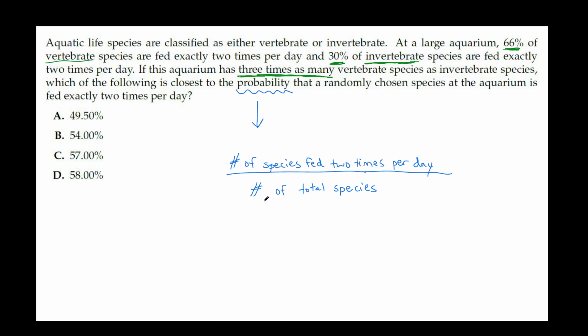So I'm going to start by thinking about what my total number of species is. One thing that I noticed is that they told me something about 3 times as many vertebrates compared to invertebrates.